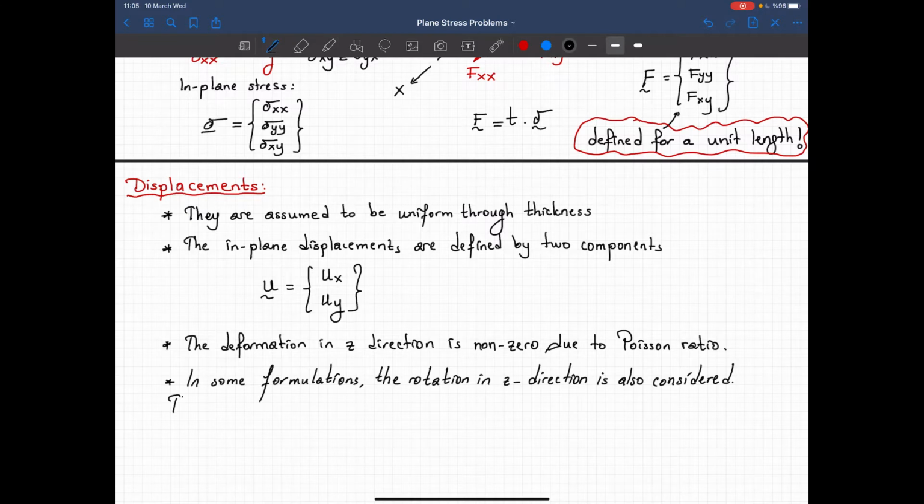This rotation, usually shown as theta z, is called drilling degrees of freedom.